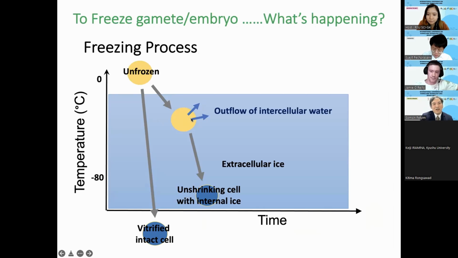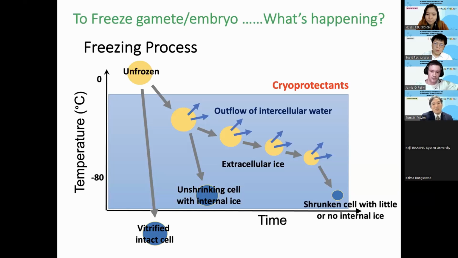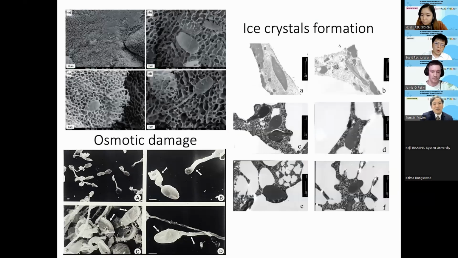If the fluid cannot go out, some of it becomes ice, and the ice can kill the cells. That's why we need a very good cryoprotectant or a good machine to freeze the embryo at the right time and in the right place. This is an example of cells with ice crystal formation, which kills the cells. That's why freezing is one of the important steps of the treatment.